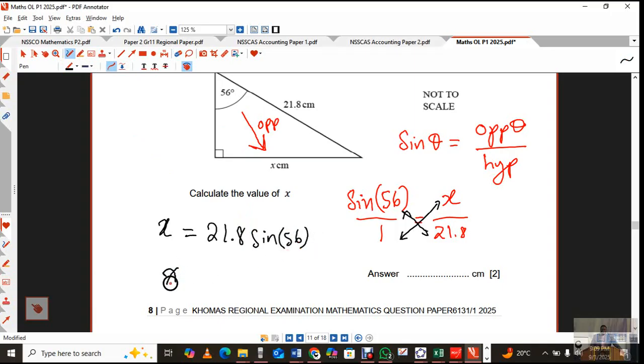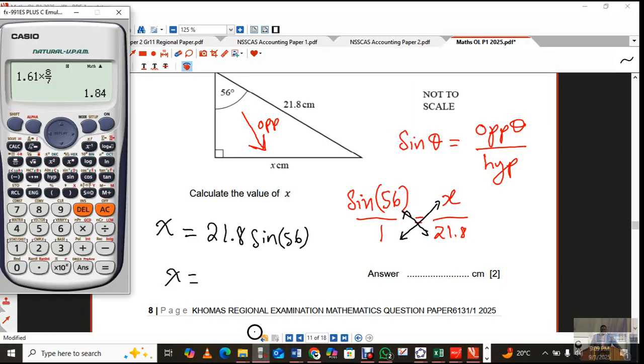This is going to give you the value of x. Make sure your calculator is in degrees mode because the angle is in degrees, since you're finding the sine of that angle. So you'll be saying 21.8 times the sine of 56 degrees.